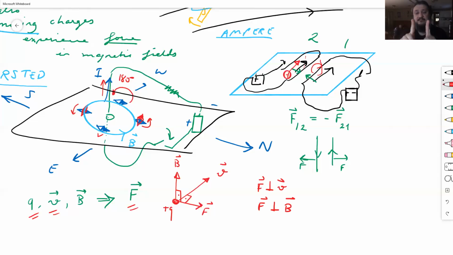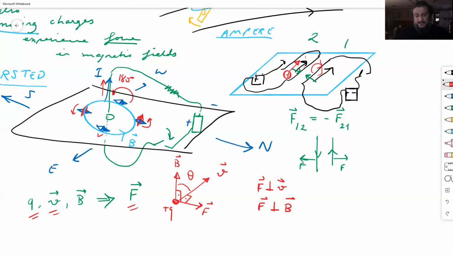If B and V are parallel, there won't be any force on the charge, or anti-parallel. So 0 and 180 are exceptions, but in general, the angle between B and V can be anything. That would not change the result.